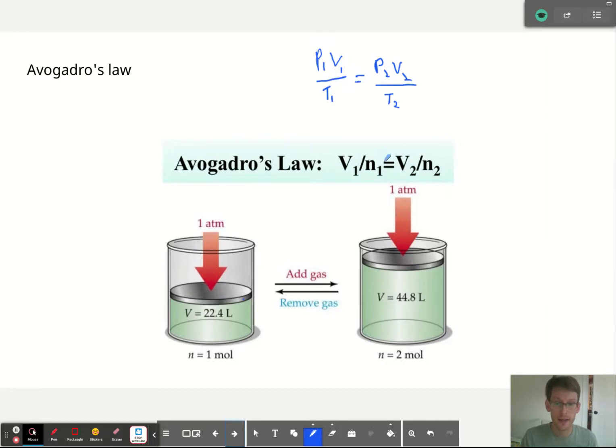This N is the number of moles of gas, and V1 over N1 equals V2 over N2 is just a mathematical way of saying that the more gas you have, the bigger N is, the bigger its volume will be. As you add gas, the volume will increase. If you remove gas, the volume will decrease.